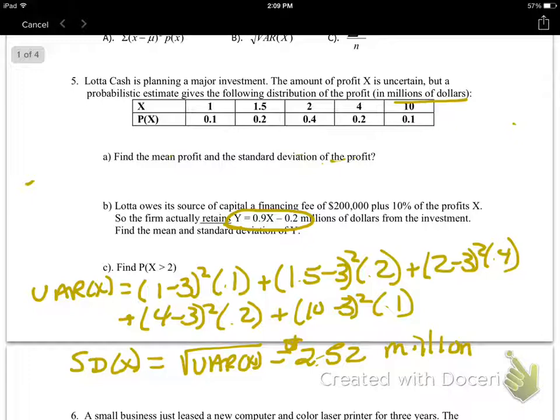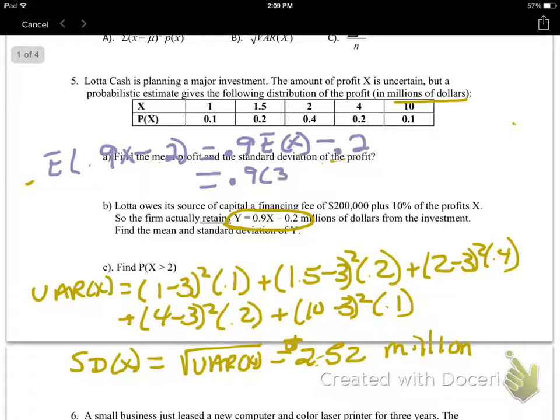So I have the expected value of 0.9x minus 0.2, which is 0.9 times the expected value of x minus 0.2. And what did I get for the expected value of x? I got 3, so it's 0.9 times 3 minus 0.2.